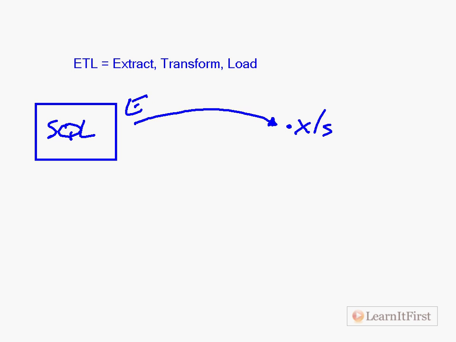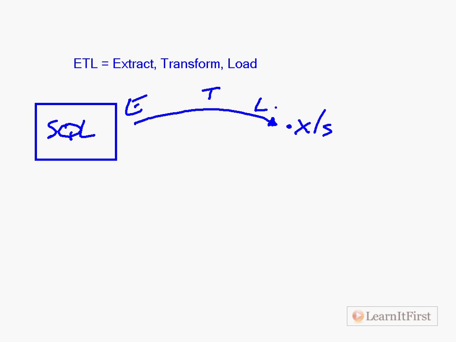So I extract the data from SQL. I might perform any number of transformations, such as taking two columns and making them one, taking one column and splitting it into three, normalizing data. I could do all kinds of different things, garbage data work, data quality work, data scrubbing, and then I simply load it into the destination.